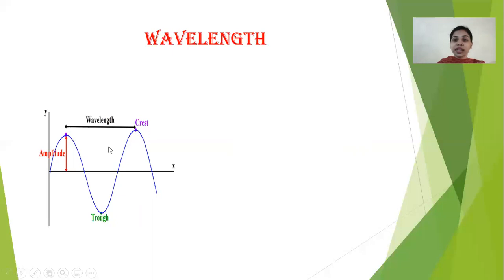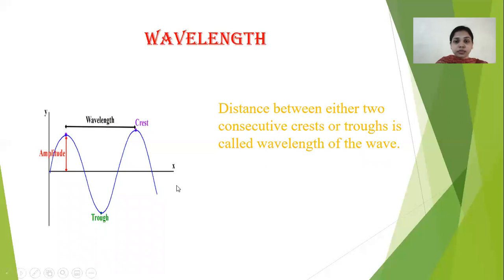Means one complete cycle. We can also say that the distance between two consecutive crests or two consecutive troughs, or one crest and one trough making one cycle, is also called a wavelength. Okay, this is called the wavelength of the wave.